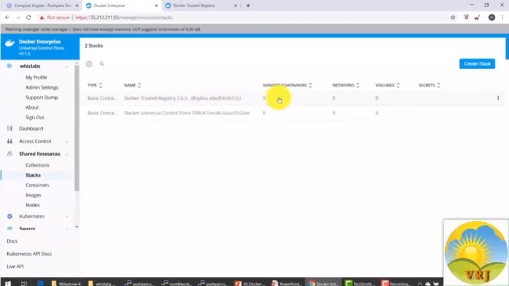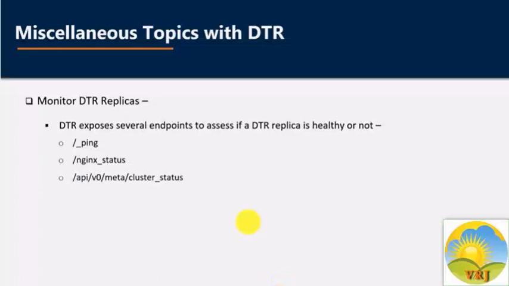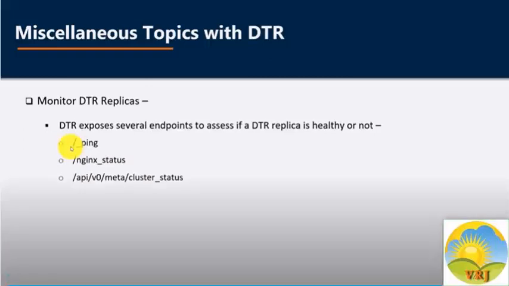DTR also exposes several endpoints you can use to check if a DTR replica is healthy or not. First is /_ping. It checks if the DTR replica is healthy and returns a single JSON response. This is useful for load balancing or other automated health check tasks.